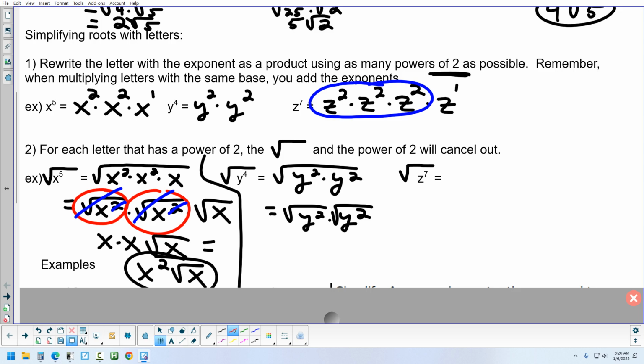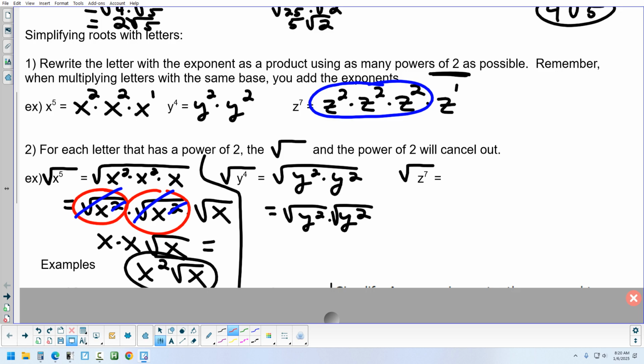What does it say up above? It says for each letter that has a power of 2, the square root and the square are going to cancel out.